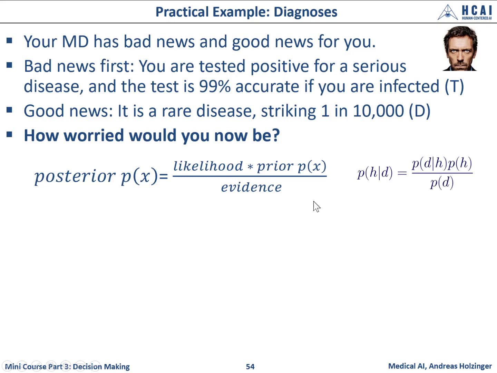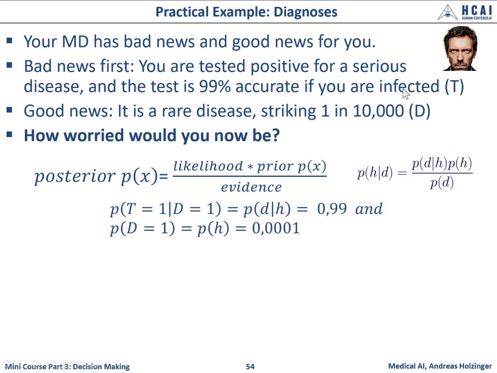So how does it work? We have the probability of the hypothesis given the data equals the probability of the data given the hypothesis, the likelihood, times the prior through the evidence, okay? So now we set in our numbers. P of T is 1, binary, and D is 1, so P of D given H is 0.99, which you can calculate.